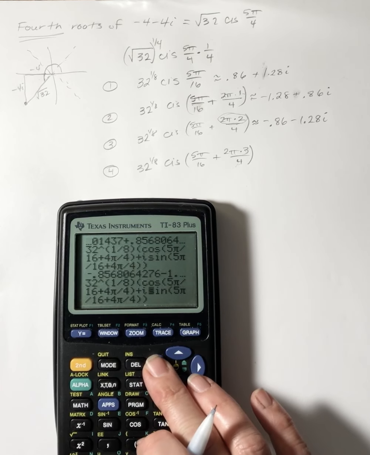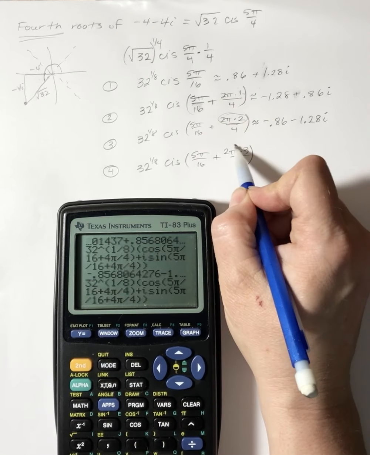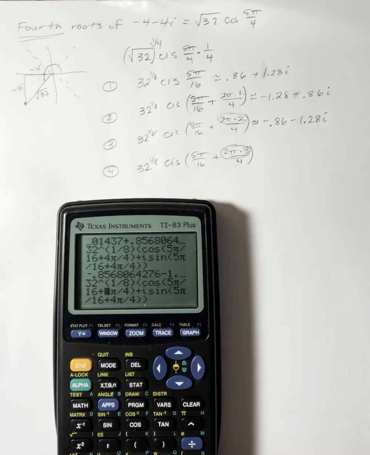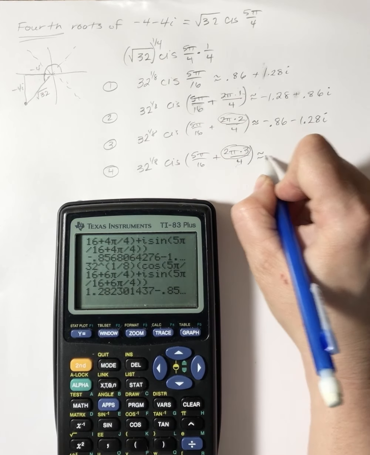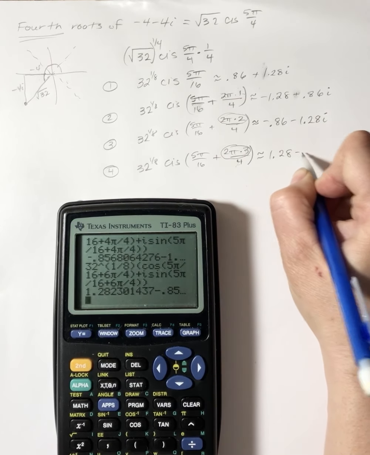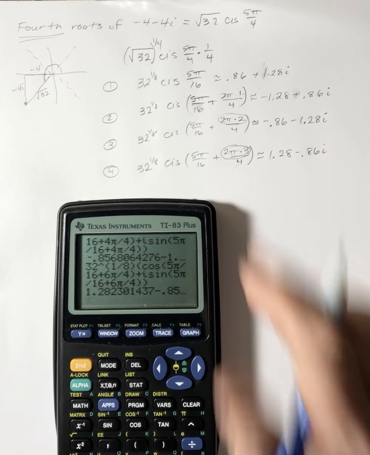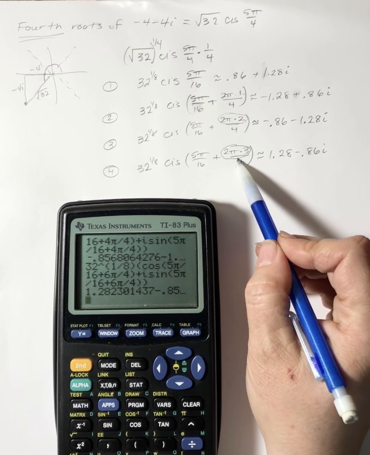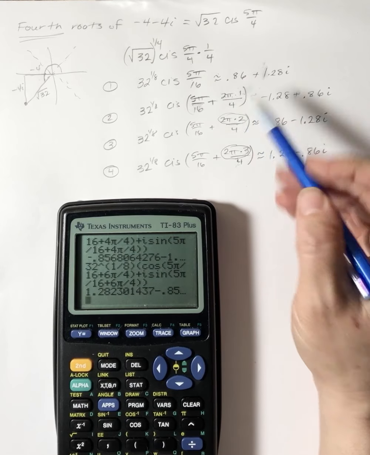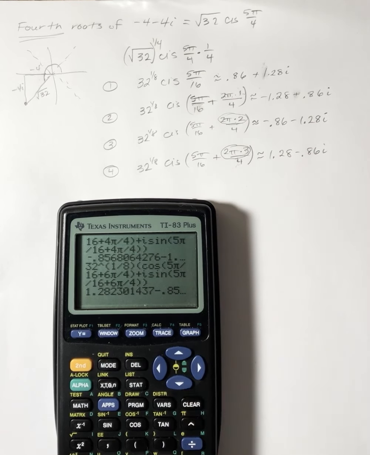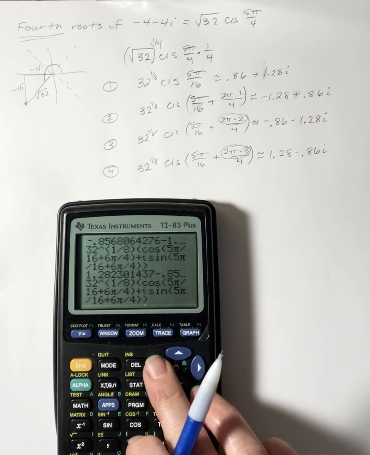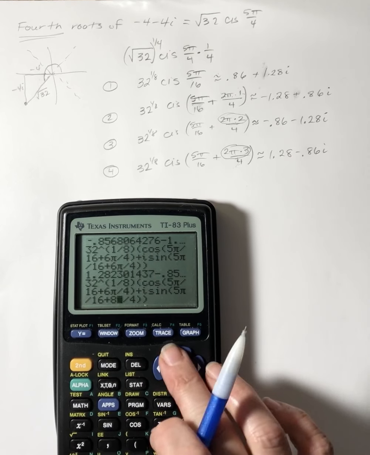I'm going to change this to a 6 pi and this to a 6 pi. And I have 1.28 minus 0.86i. And if I accidentally kept on going, I had 0 pi, 2 pi, 4 pi, 6 pi, and if I change this to an 8 pi, watch what happens.